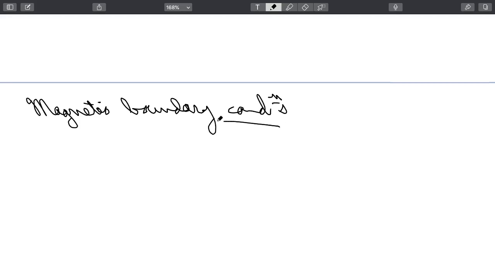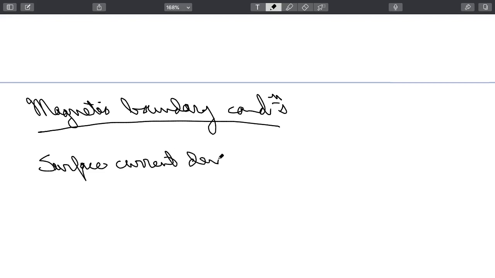So for example, say that we have a surface current. I imagine I have my plane like this, and there's a certain current surface density, sigma, that goes like this.